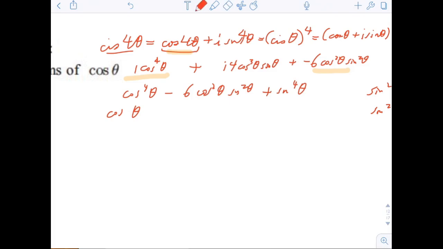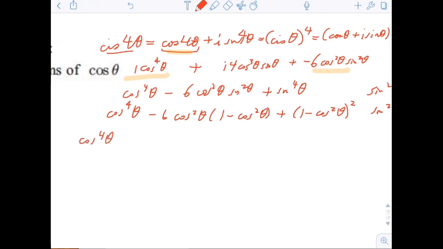So over here I have cosine to the fourth theta. Whenever I do that, it doesn't look like an exponent, does it? So minus 6 cosine squared theta times 1 minus cosine squared theta. Hear that? The garbage truck? It's really loud. Plus 1 minus cosine squared theta squared. So let's expand this.